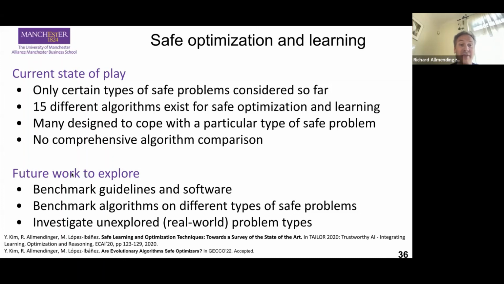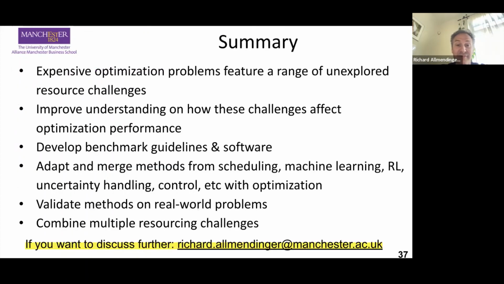But there were issues in terms of how people compared them; there wasn't a rigorous way of benchmarking different algorithms. So what we have done is we came up with benchmark guidelines and also software for different algorithms. And we want to look at variations of safe optimization problems. Some of our work again got published at GECCO this year, and you can come to GECCO and watch that presentation.